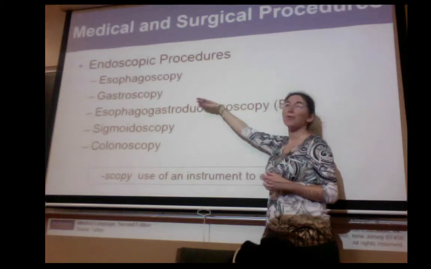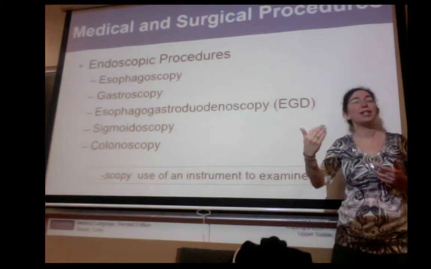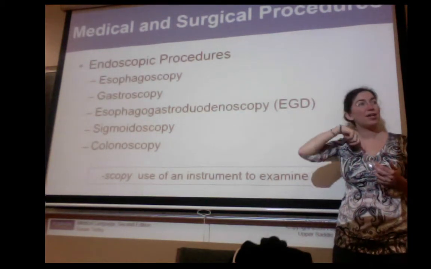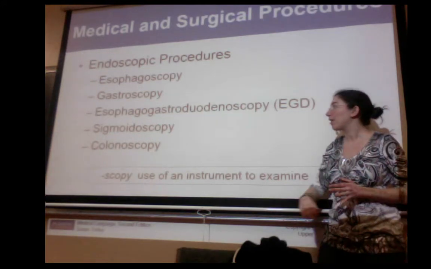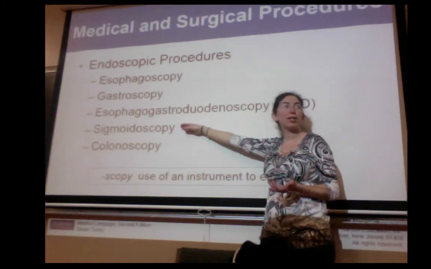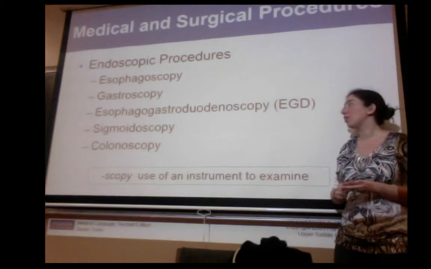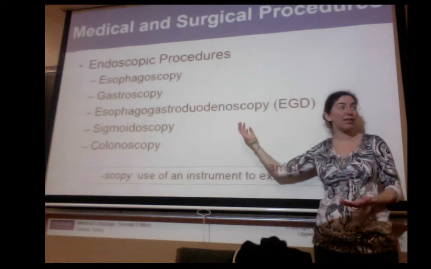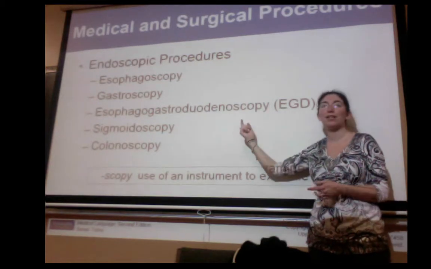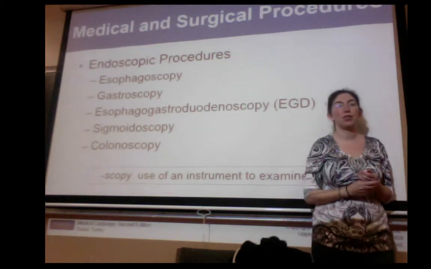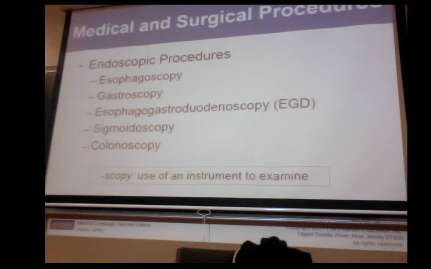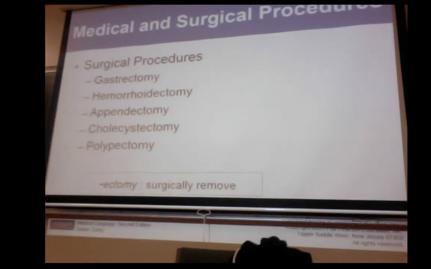So the top three would send a scope, an endoscope, through the mouth and down the intestines that way. Whereas a sigmoidoscopy, the sigmoid colon, a colonoscopy can look at various parts of the colon. Those would go up through the anus. You'd have a colonoscope that goes through the colon to view the lower parts of the gastrointestinal tract. Okay? The scope being the tool, an endoscope being a tool that's used.